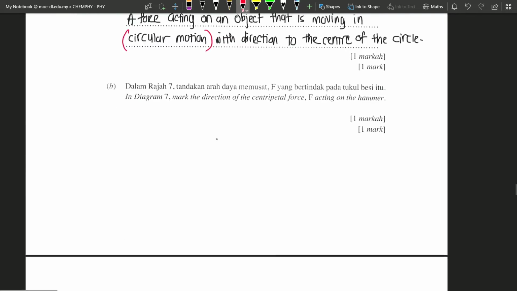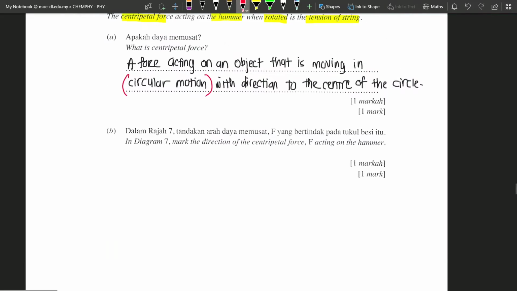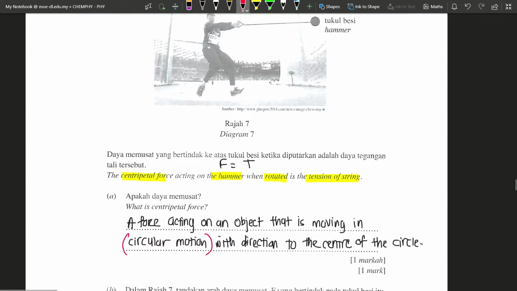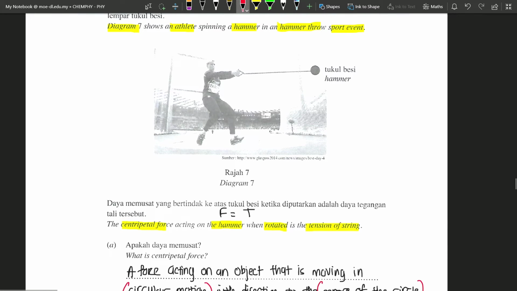Soalan B, dalam rajah 7 tandakan arah daya memusat F yang bertindak pada tukul besi tersebut. So, berdasarkan maksud sendiri, you guys kena faham arah centripetal force is to the center of the circle. So, you guys nak tandakan, this one is tukul besi.